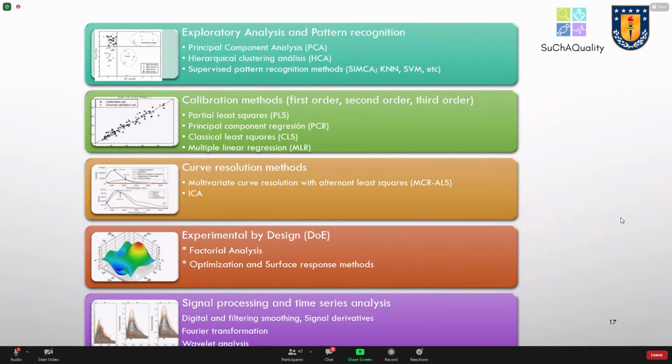If I use first order data, I will have a matrix, but there will be another kind of method for second order. I need a cube of data and so on, okay? And then the calibration methods have as purpose the quantification of components, okay? The third methods could be the curve resolution methods.